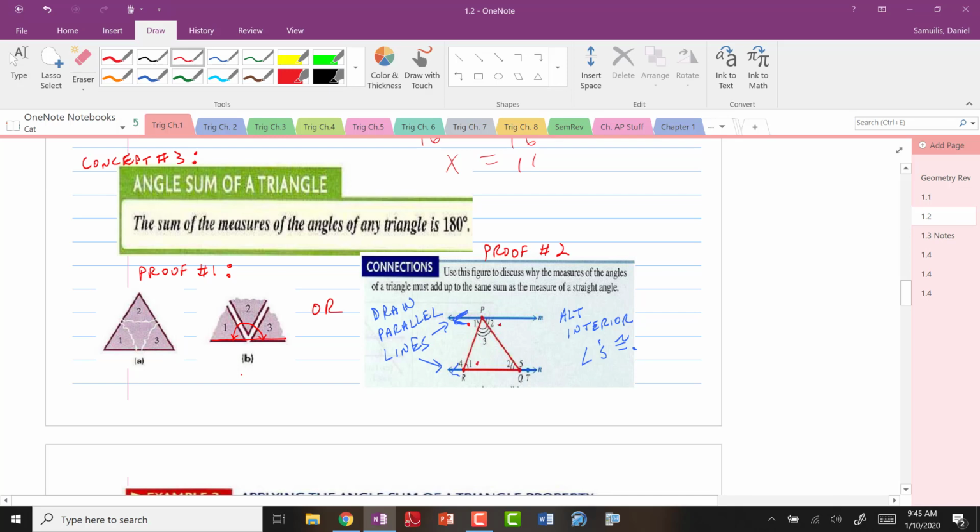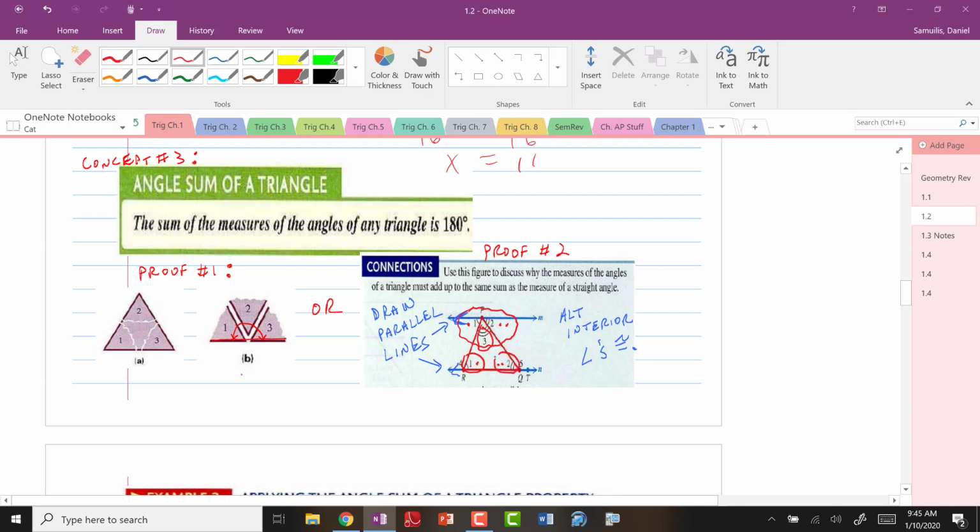Same thing with this. These two angles are equal. I'm just putting weird little markers there to show that. Well, of course, anybody knows that these three angles up here added together equal 180. So that implies that these three angles added together equal 180.